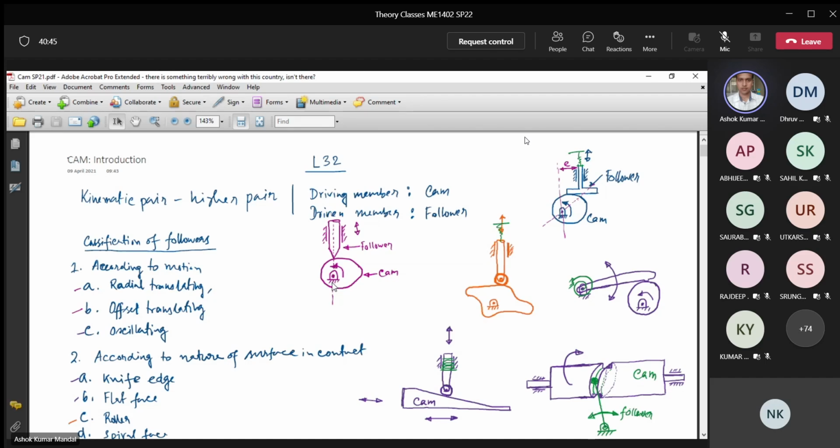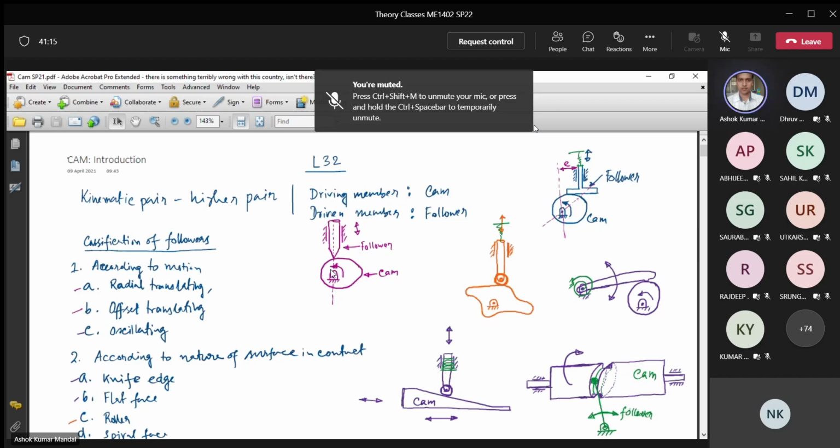Okay, so the shaft is rotating. At a certain point, you want the valve to open. So how will that valve be opened? You can imagine a mechanism like this. The cam is rotating, and at a certain point, suppose at this point, you want the follower to move a distance, so that with some other mechanism attached to this follower you can open the valve.